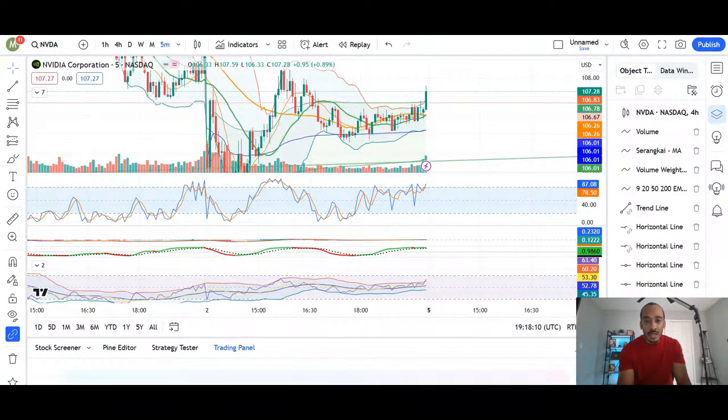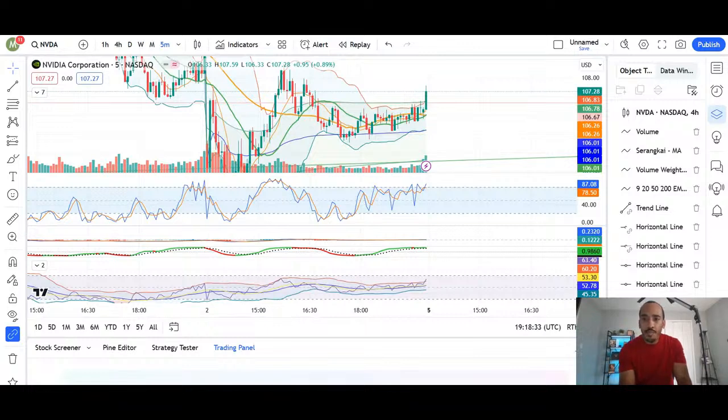But I would wait until some point of the day where Nvidia gets closer to this bottom range, and then I would enter. So it looks like a good trade, but I will wait for the perfect timing. I'll wait, maybe midday, 12 p.m. or something like that, once I know we hit a bottom range.